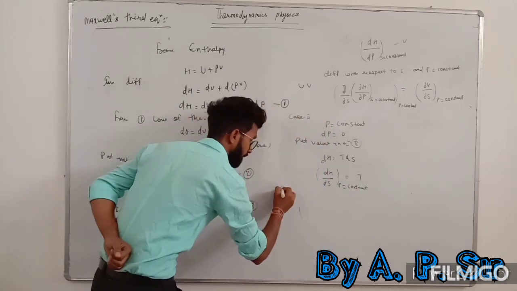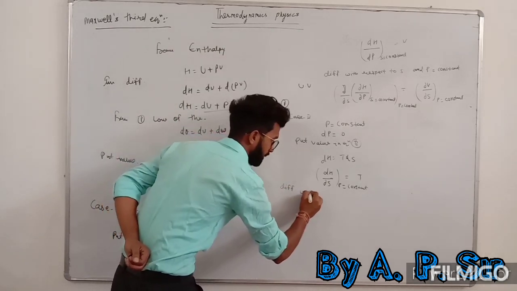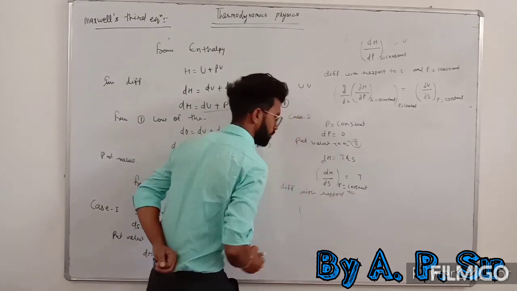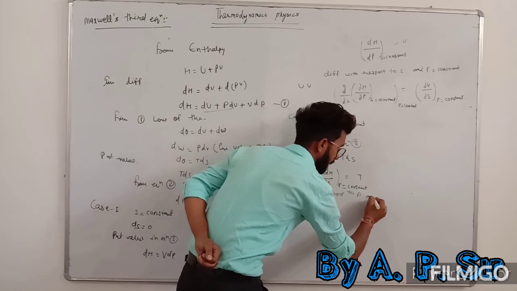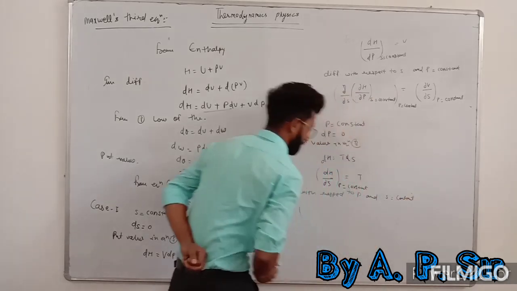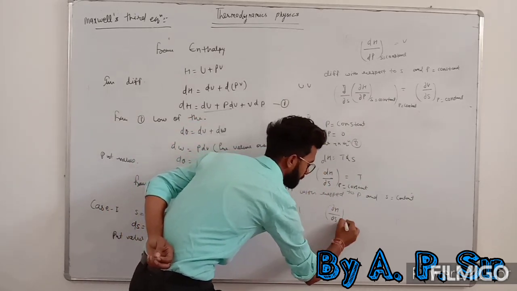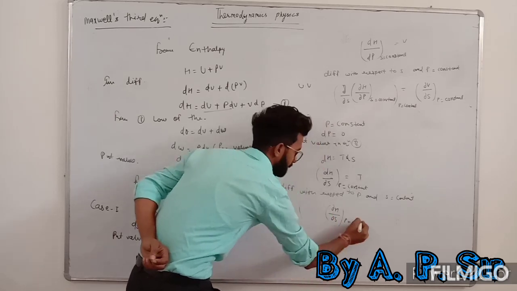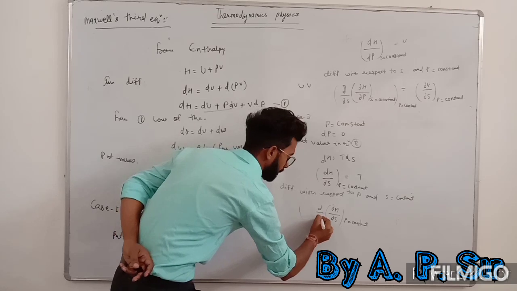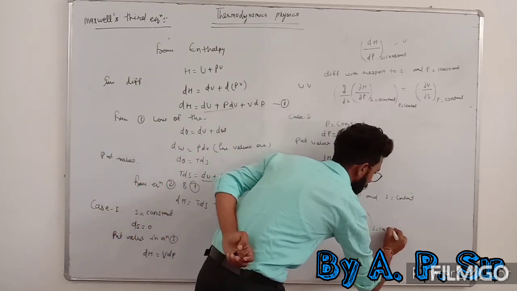Then differentiation with respect to P and S equals constant. Then del H upon del S, P equals constant, and del upon del P whole over S equals constant.